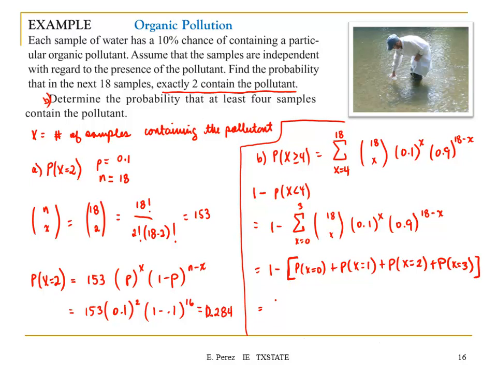Once you solve that, this is going to be equal to 1 minus (0.15 plus 0.3 plus 0.284 plus 0.168). And that is equal to 0.098.